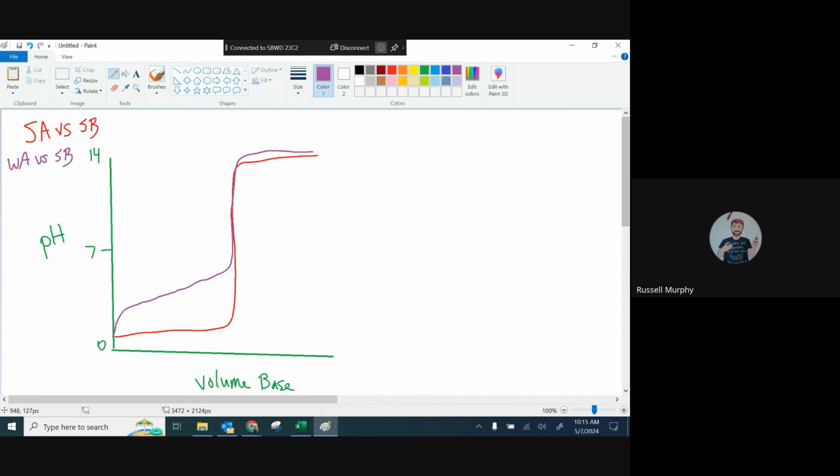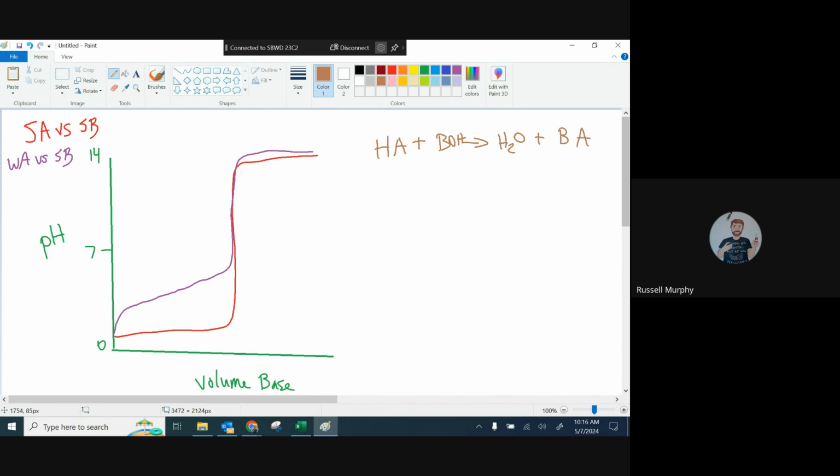In both scenarios, we're going to say that the acid is reacting with the base, making water and making some sort of salt.